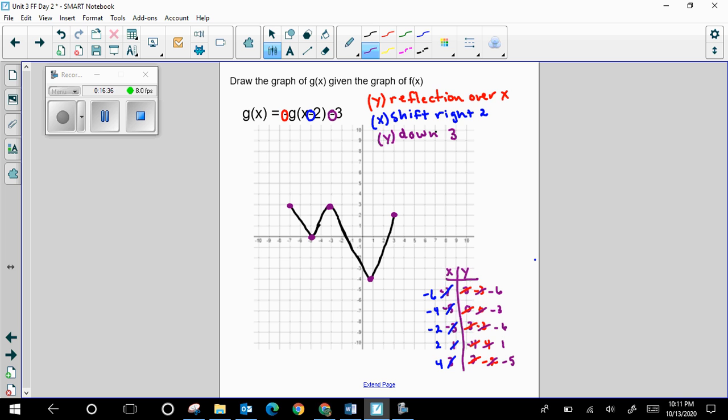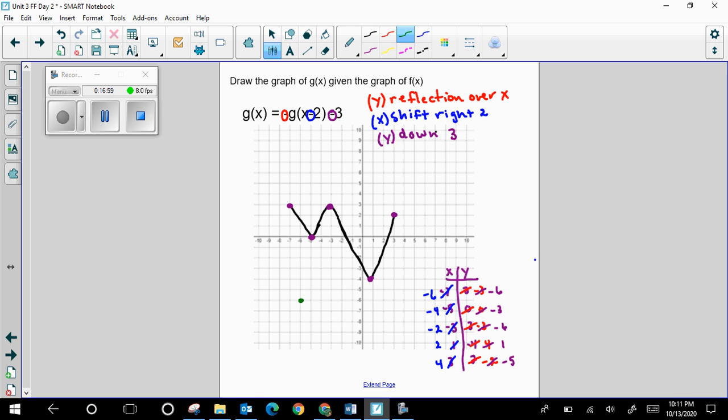So basically, I have my points that I'm just going to graph, and hopefully things work out right. So I've got a negative 6, negative 6. I'll do this in green. So negative 6, negative 6 is going to be right here.